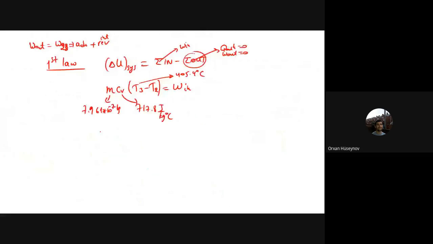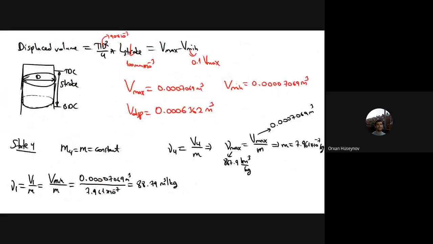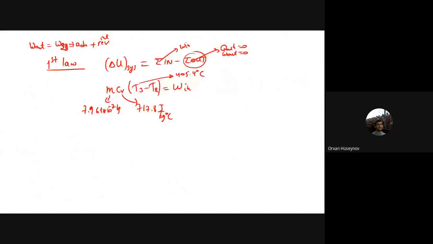So I'm trying to find the work output. Then it should be 3 minus 2, and here you have the work output, not work input. This one is the expansion process. Therefore, here you have the work input at 0.